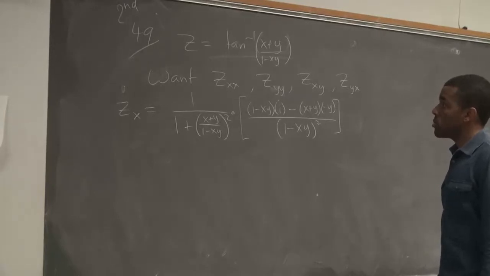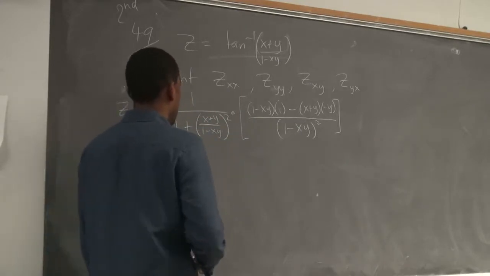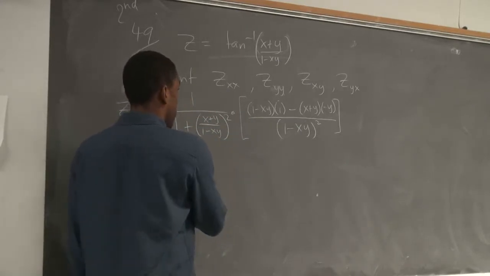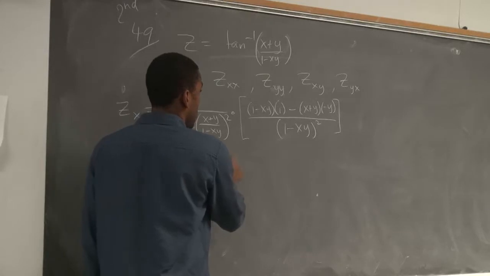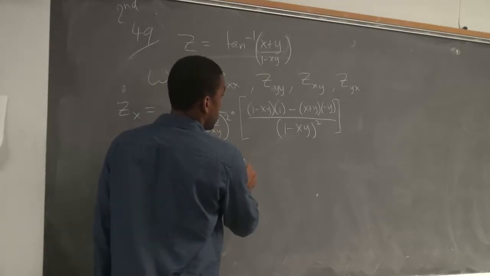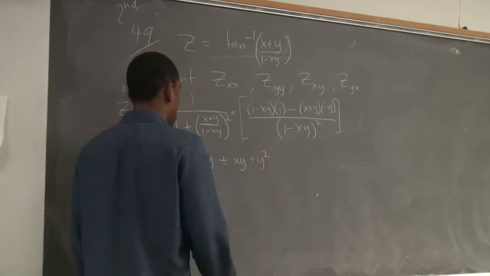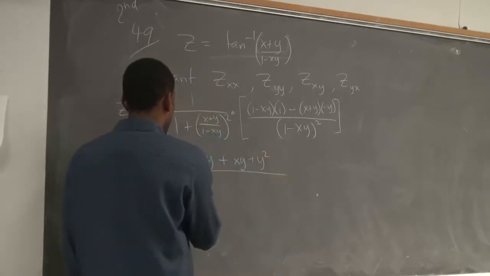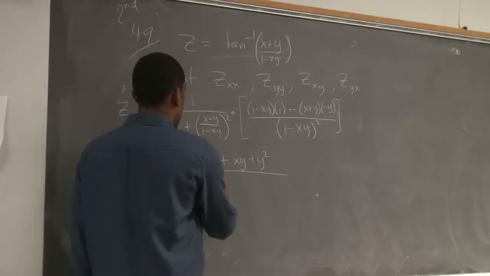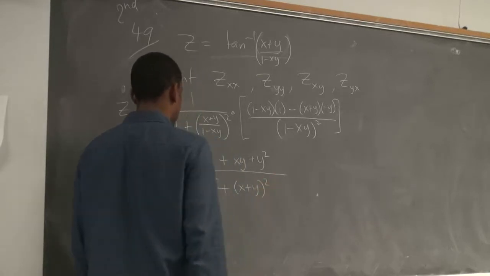And you could simplify that a little bit. So this would become 1 minus xy plus xy plus y squared over 1 minus xy squared plus x plus y squared.